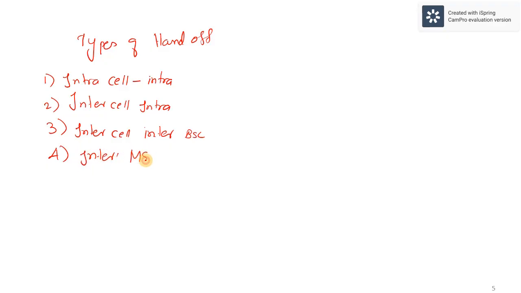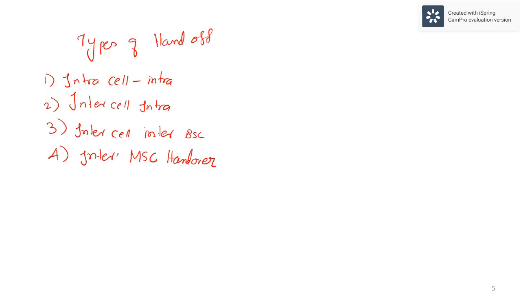So if it is small, you go for intra-cell, then the next layer is inter-cell intra-BSC, then inter-cell inter-BSC comes into picture, then the mobile switching center comes into picture. So these are all the different types of handoff which are used.